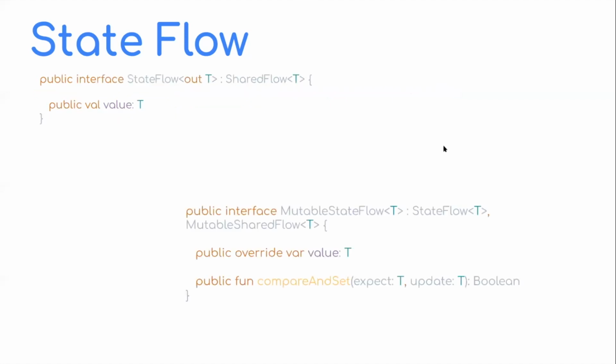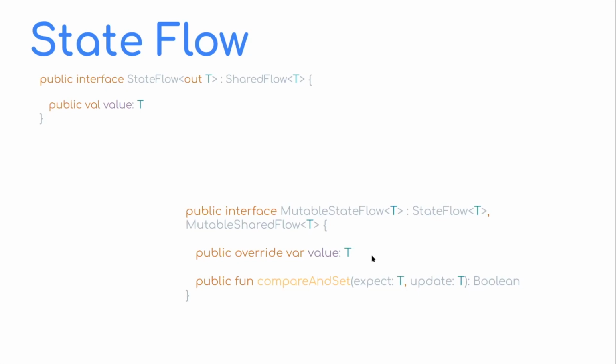Let's look at the inner workings of a StateFlow. You can see we have only a value, as compared to SharedFlow that has a replay, which is a list of data that should be emitted to a new consumer of the data.